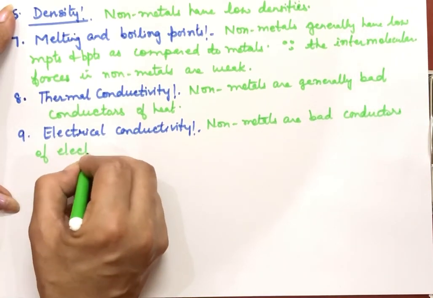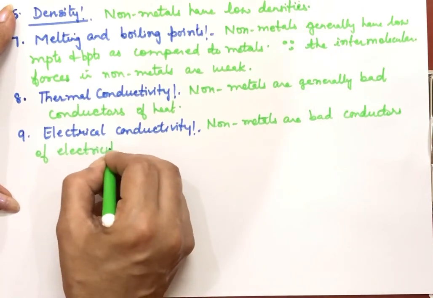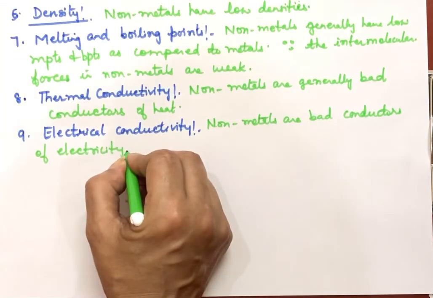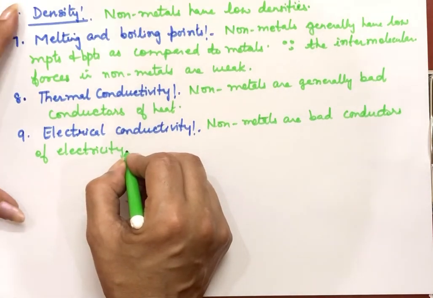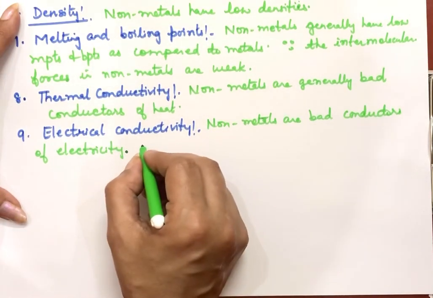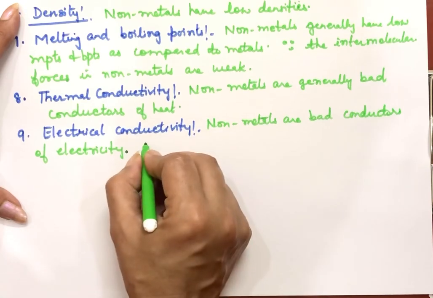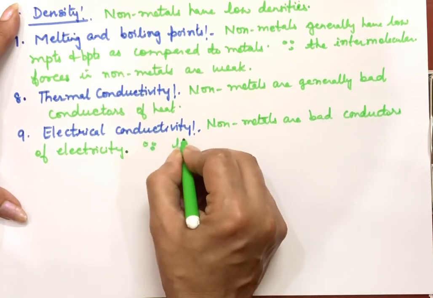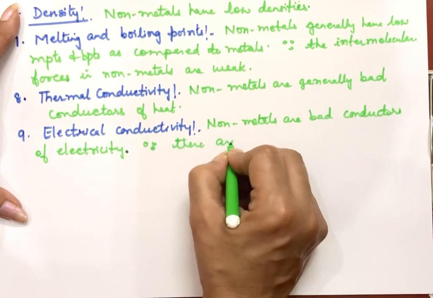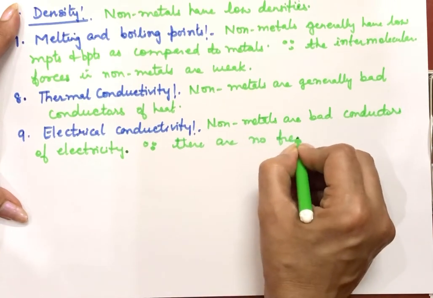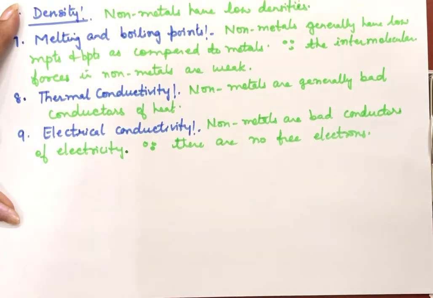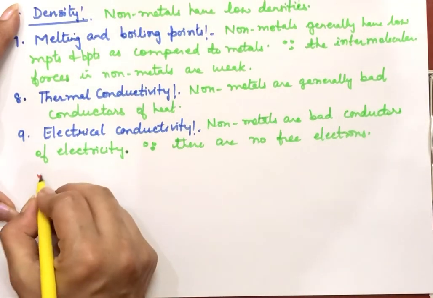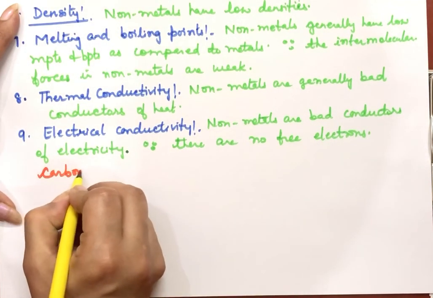Now, conduction of electricity is because of the movement of electrons. So there should be free electrons for the movement, and only then will the substance conduct electricity. The reason for non-metals is that there are no free electrons. But there is one exception here, an allotrope of carbon, that is graphite.